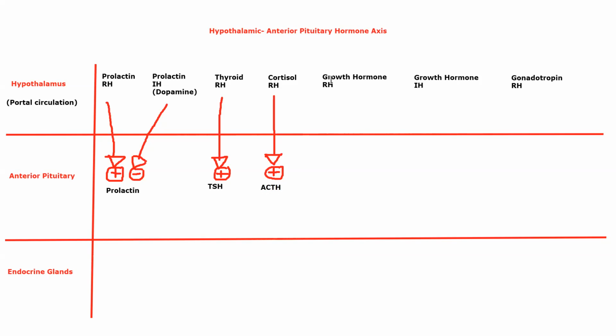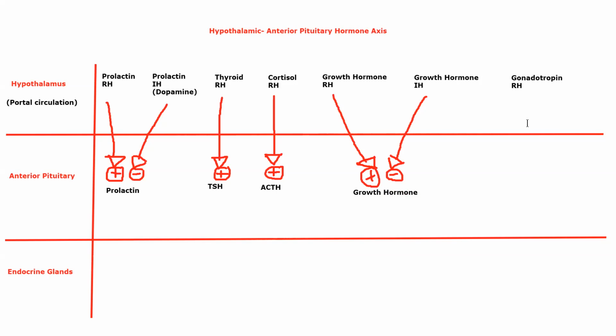And then growth hormone releasing hormone and growth hormone inhibiting hormone are both going to function on the release of growth hormone. This one is going to stimulate it, and this one is going to inhibit it. These are both acting on growth hormone release.